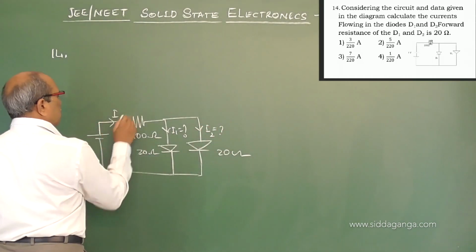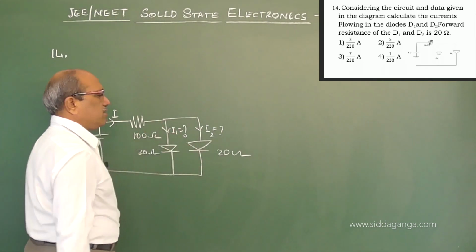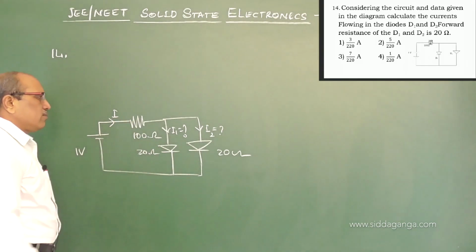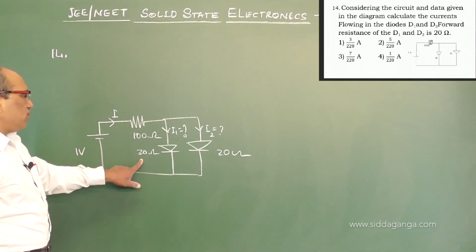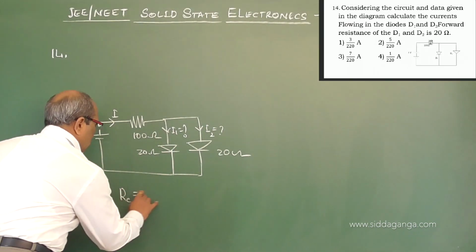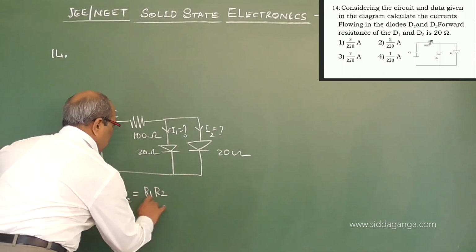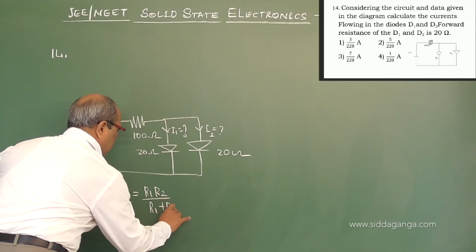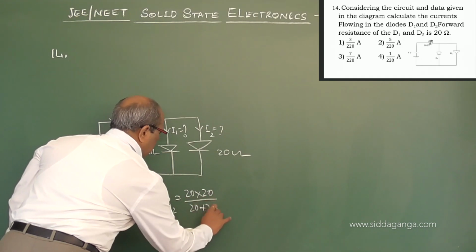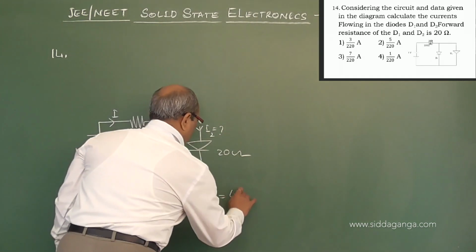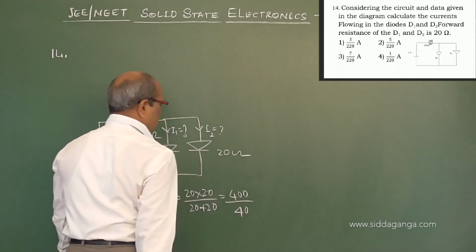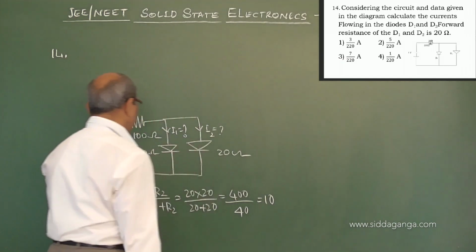That is, what are I1 and I2? If you calculate the main current, the branch current may be obtained because they have equal resistance. Each is 20 ohm. What is the effective resistance of those two? Because the two diodes are in parallel, the effective resistance is 20 into 20 divided by 20 plus 20, that is 400 by 40, equal to 10.